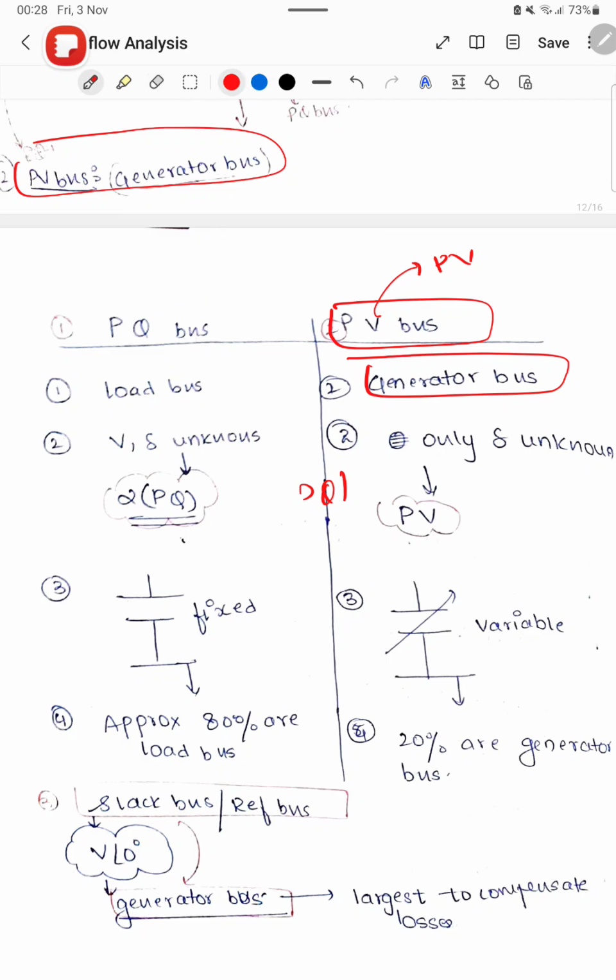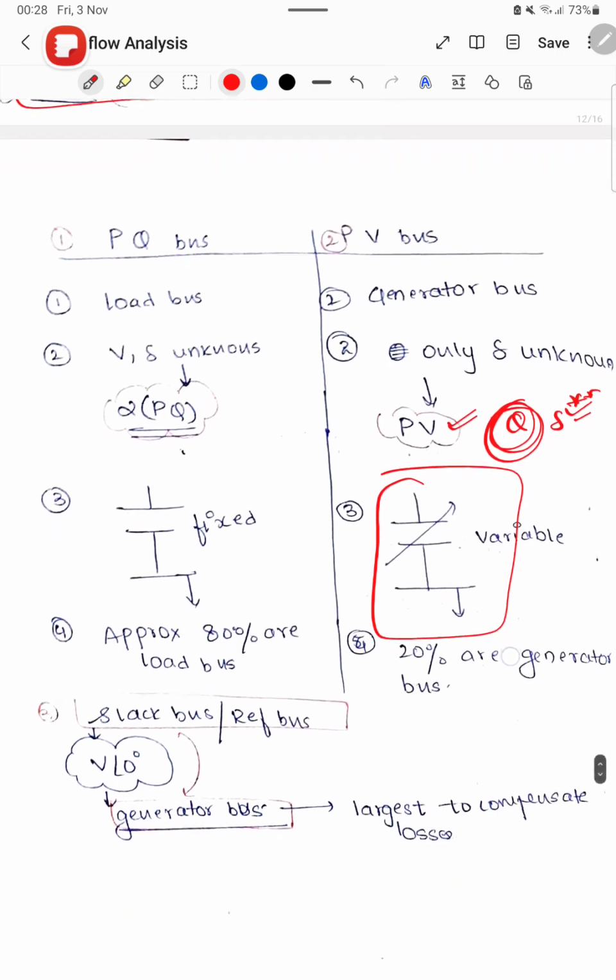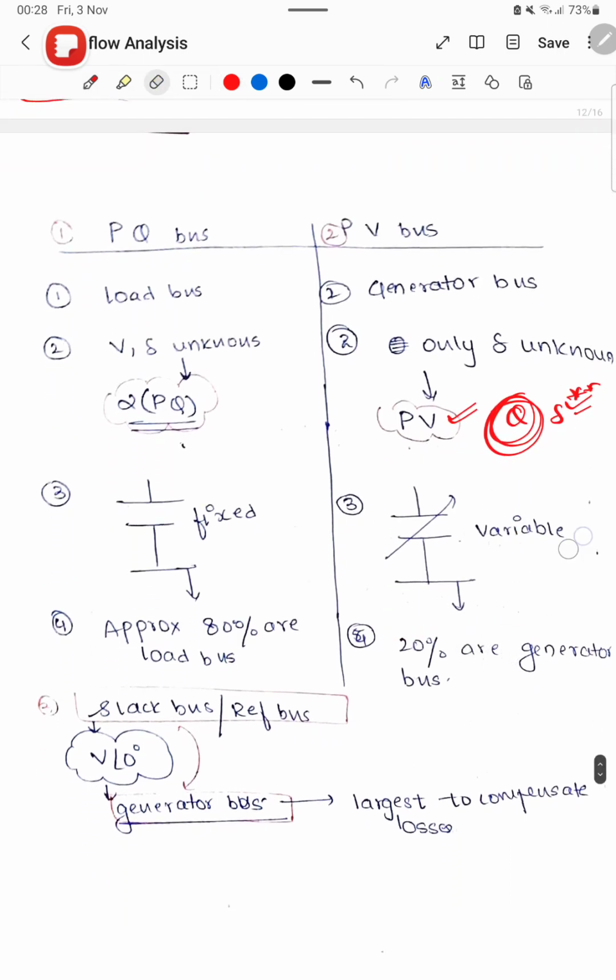Now coming to PV buses, also called generator buses. In that, P and V are known, Q and delta are technically unknown, but V is certainly known. Okay, the only unknown is delta, and that's why here Q can be changed. Okay, and that's why Q is variable. Q is not fixed in this case.